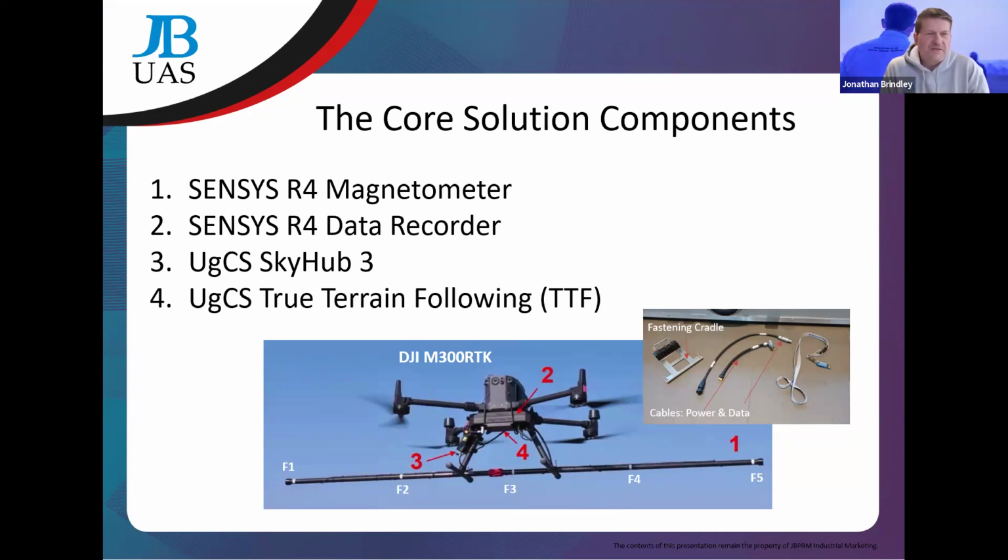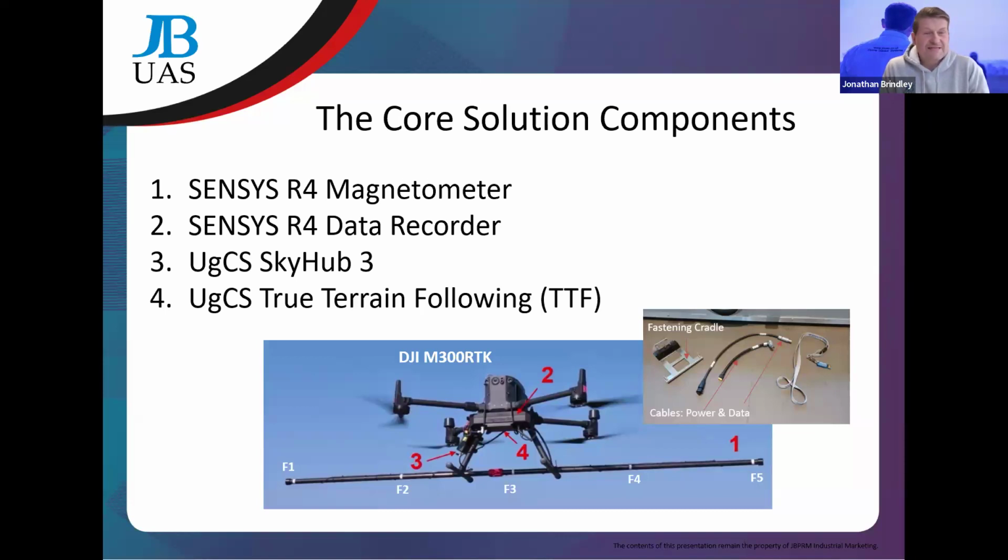We've then got the R4 data recorder, which you can see nicely as number 2 there, sitting proud in front of the M300. We've then got UGCS SkyHub 3, which is the latest release from SPH Engineering for the onboard computer system, and you can see that positioned on the left-hand side of the drone.